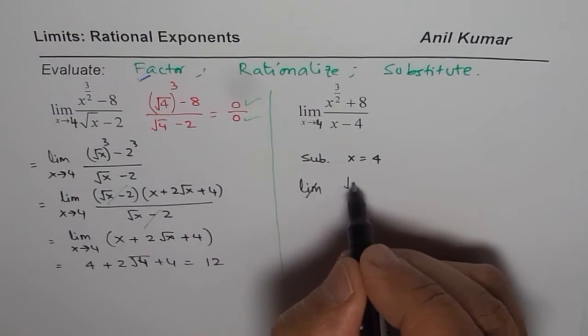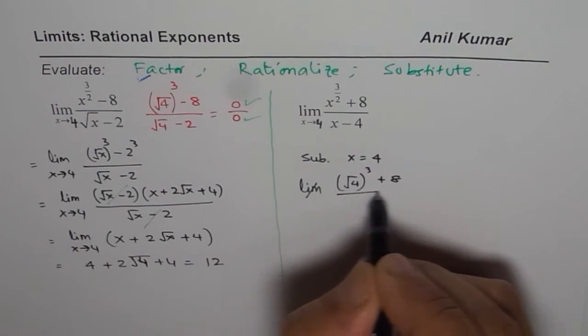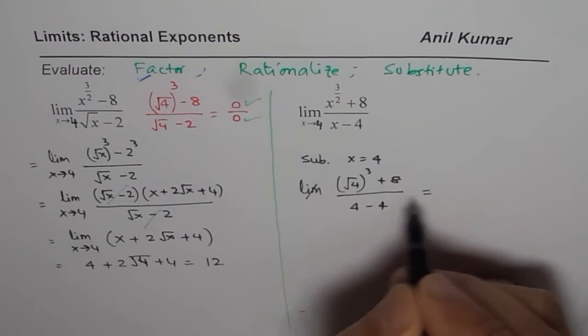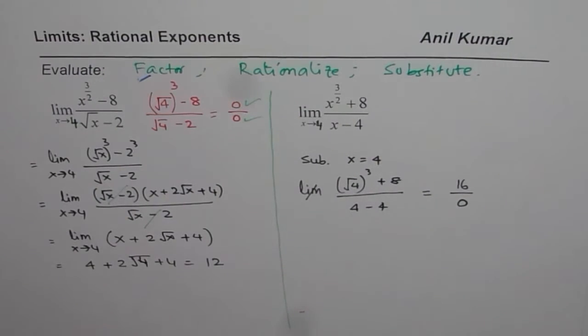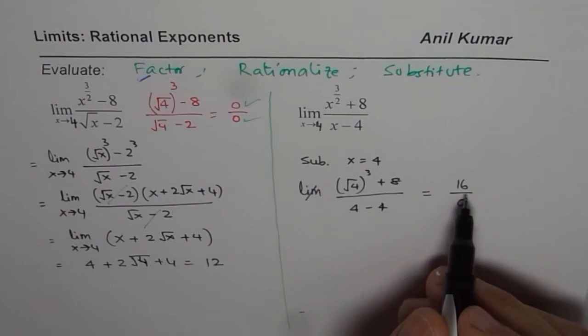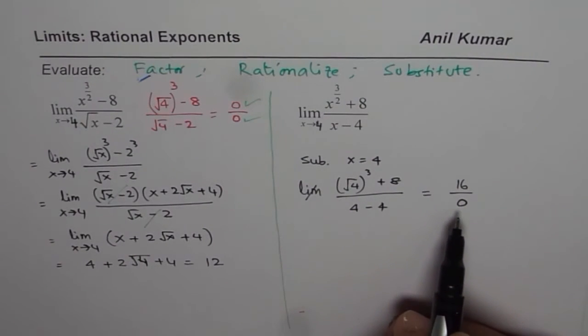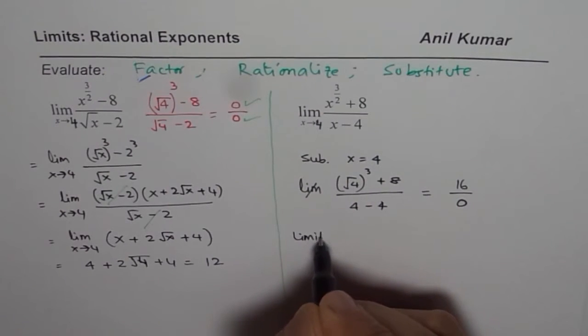So we have square root of 4 whole cube plus 8 divided by 4 minus 4. Now the numerator is 16 and the denominator is 0. Whenever you have a case where the denominator is 0 and the numerator is not 0, it is not an indeterminate form, right? So in this particular case, you know that the limit does not exist.